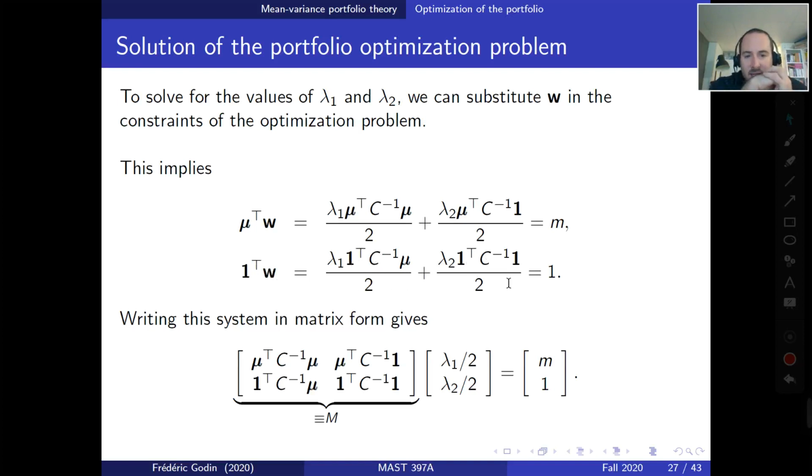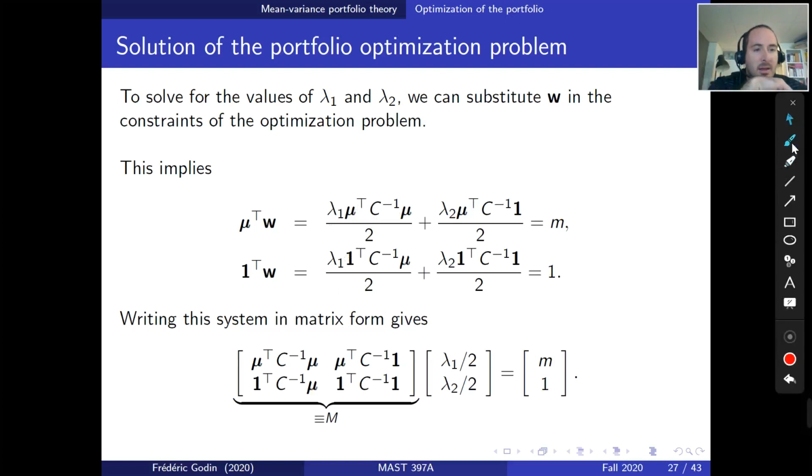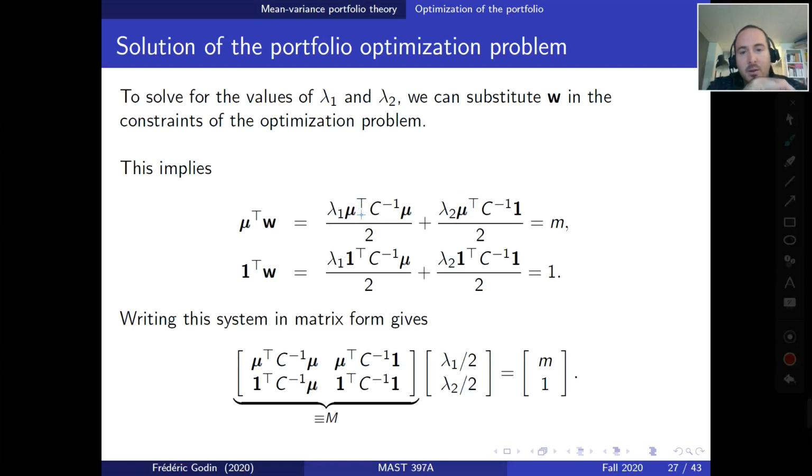So this is good. And now, first, these quantities are one-dimensional. Let's illustrate that. The vector mu is n by 1, so transposing it makes it 1 by n.